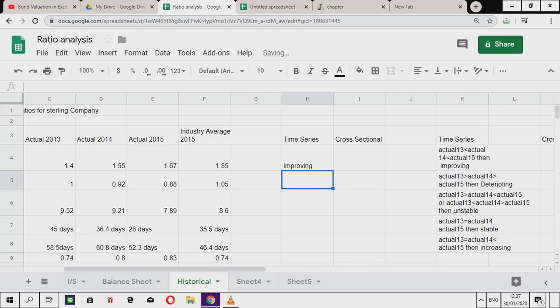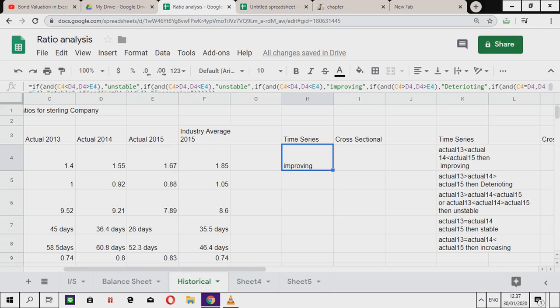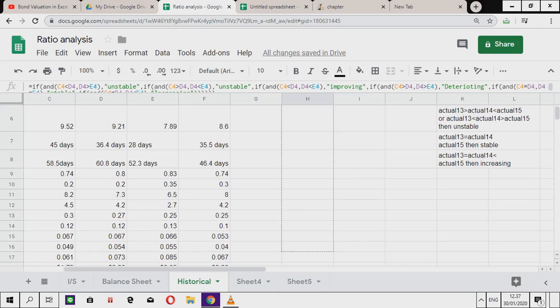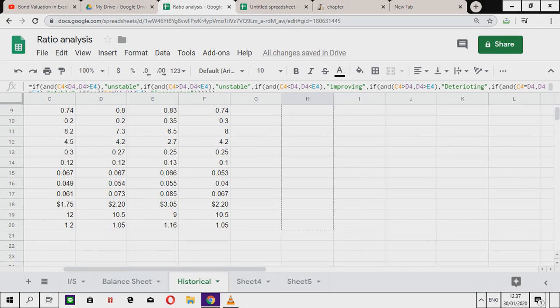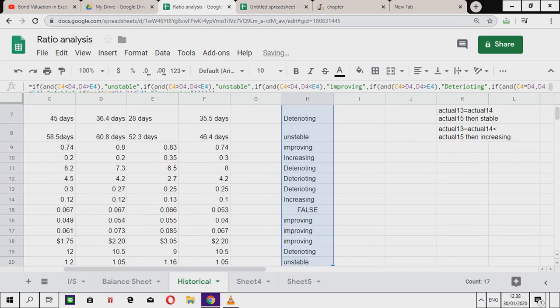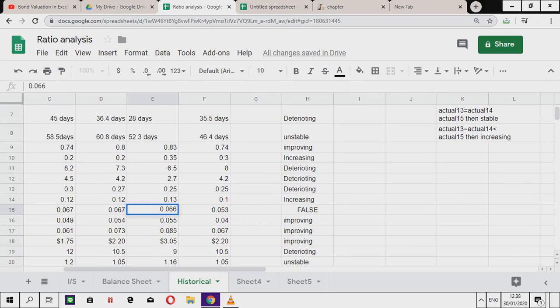Yeah, we're gonna drag to the bottom. We found out one false, where it should be stable because the comparison isn't too high.